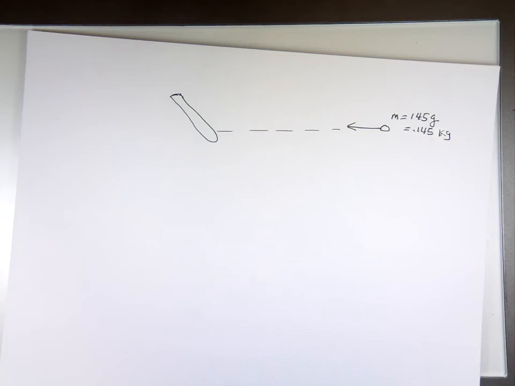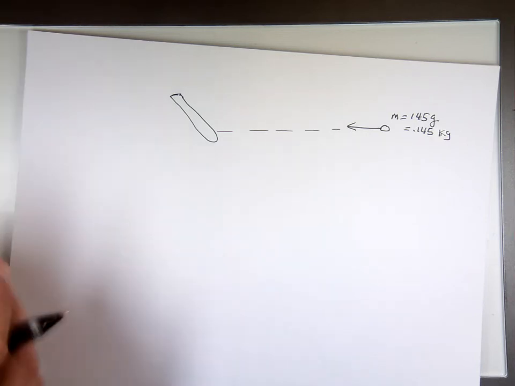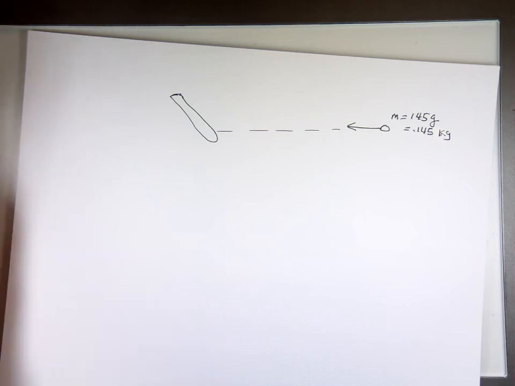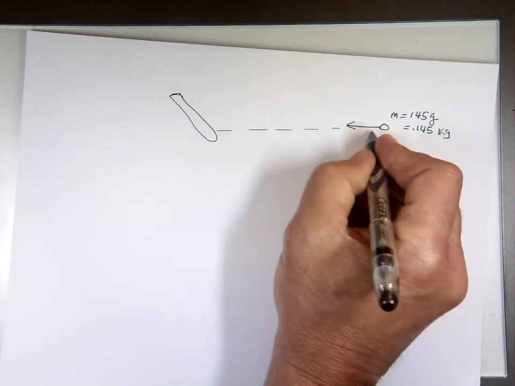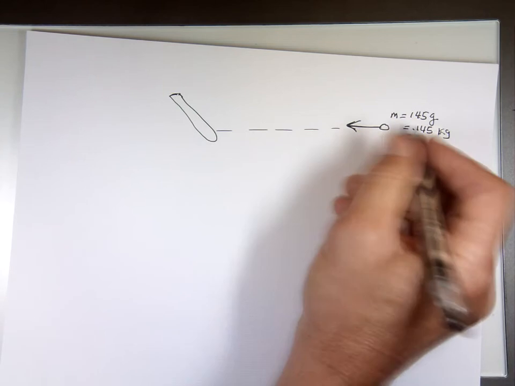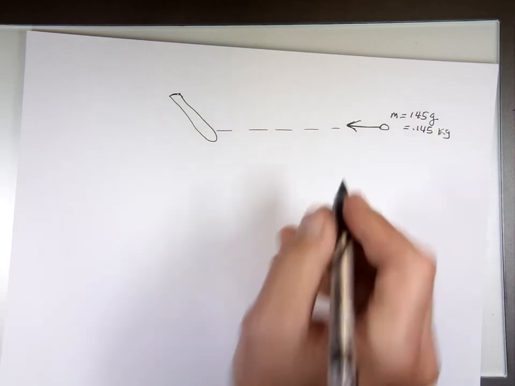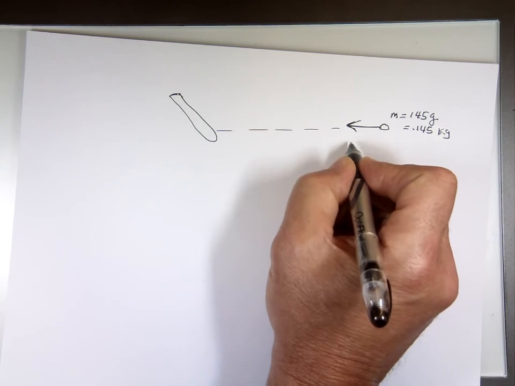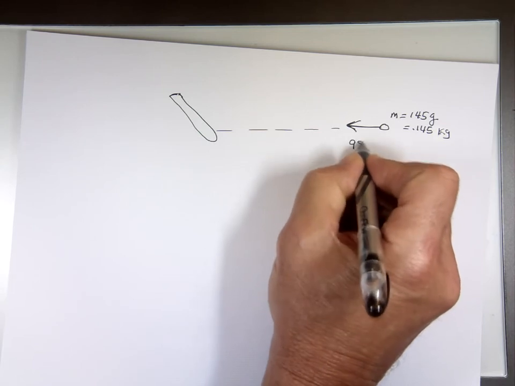Let's pick a pitcher. Who is the pitcher going to be pitching today? Anyone have somebody in mind? I'll use Chris Sale. He throws hard. The ball is coming this way at a speed of 115. Well, that's really fast, but 98 miles per hour. Okay.